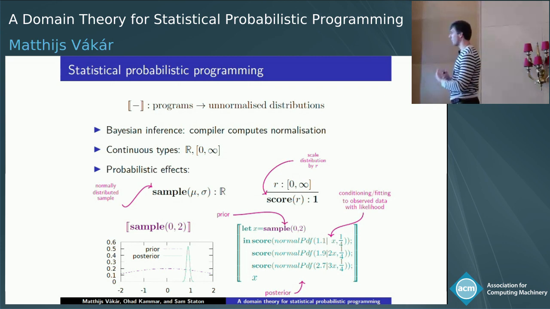The other construct you're probably not so familiar with. We call it scoring, and we can score with a real number, and what it does semantically is it reweights a probability distribution with a real number r. And that construct is what's going to make these distributions become unnormalized.